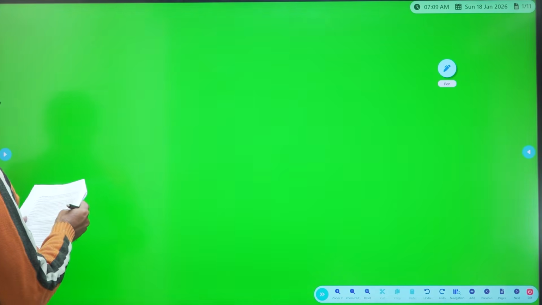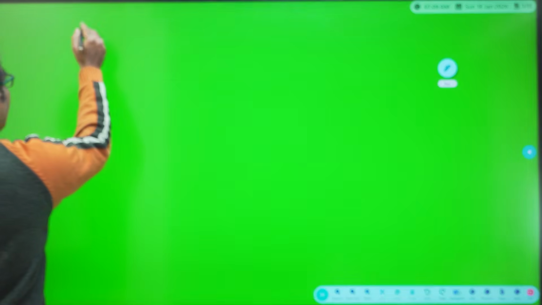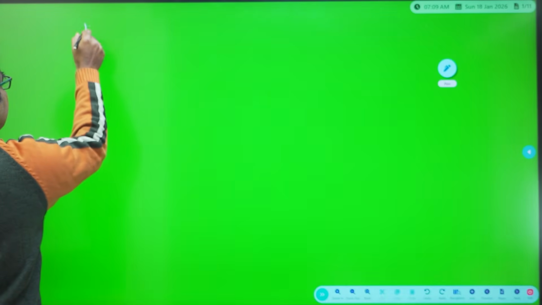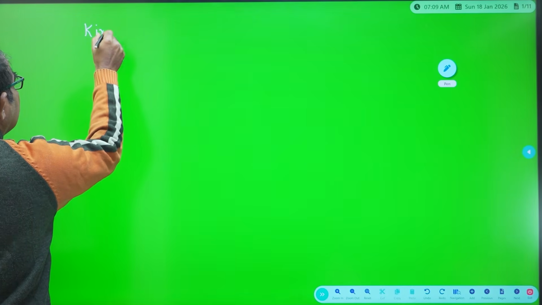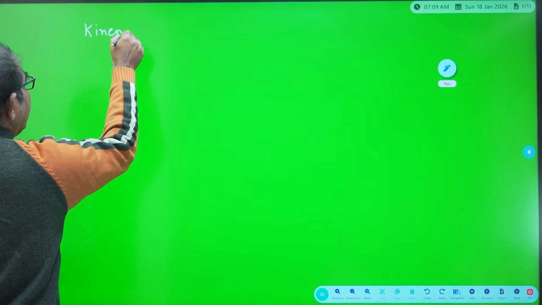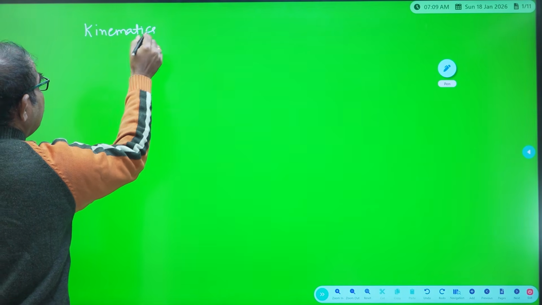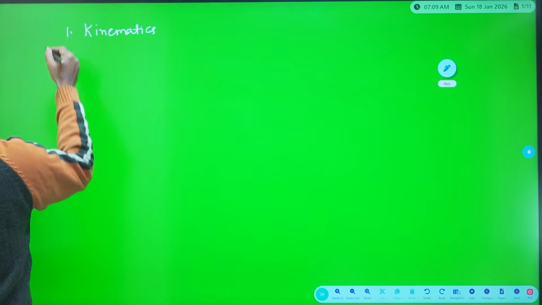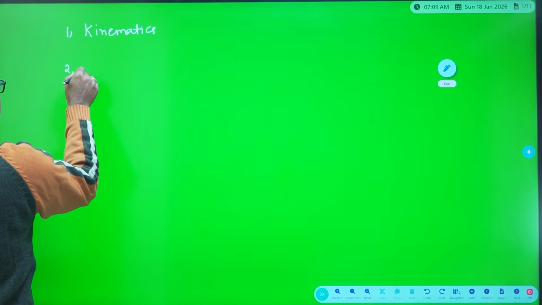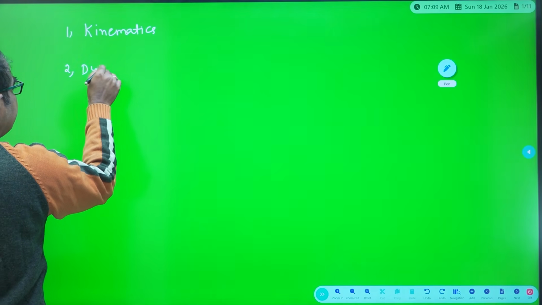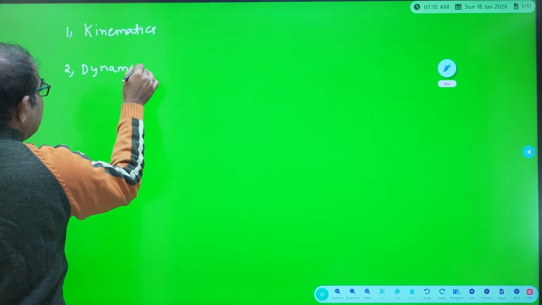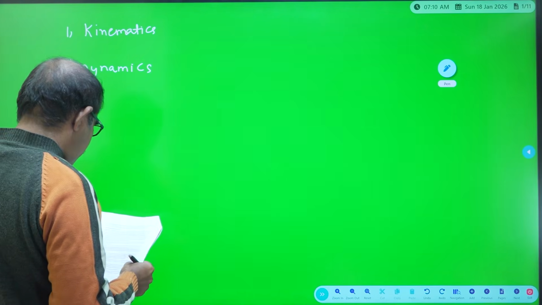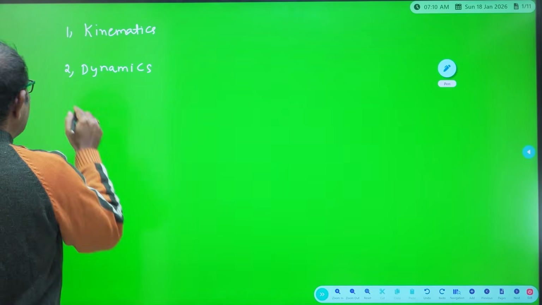So, the first chapter is kinematics. The second chapter is dynamics. The third chapter is gravitation.